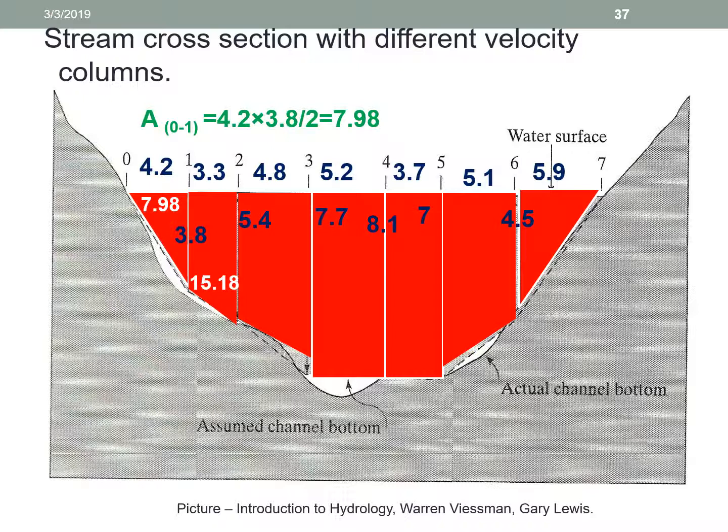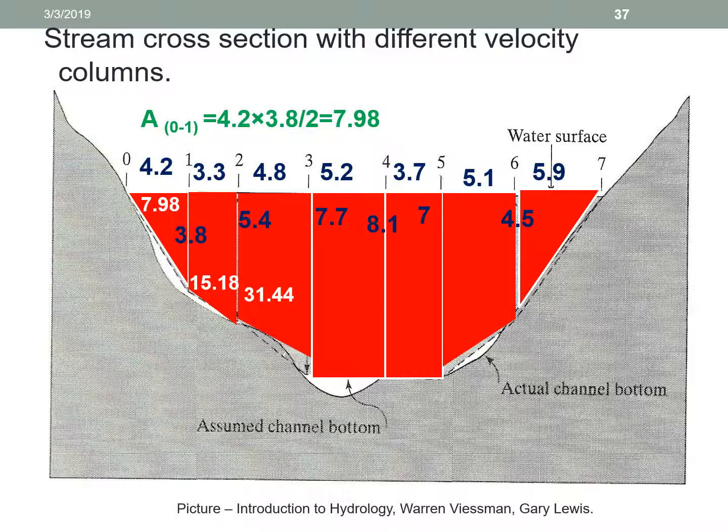The area, so area 2 means the area that we need to find from section 1 to section 2, will be left depth plus right depth divided by 2 times, as you see here, this water surface, which means the length from section 1 to section 2. This area will be 15.18.